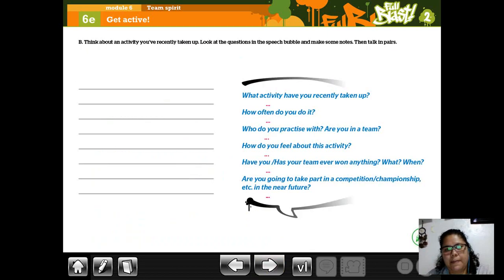Very good. Now, ahora que ustedes leyeron este email, lo que quiero que hagan principalmente, piensen en una actividad que recientemente iniciaron. Puede ser cualquier tipo de actividad. Ya sé que están un poquito más de tiempo pasando en casa, o podría decir mucho tiempo.